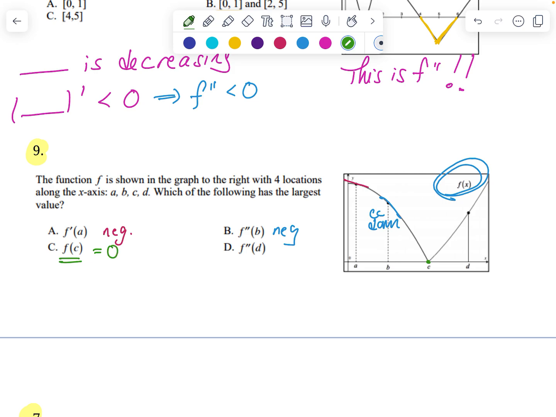I can see that on the picture because that is a point on the axis. And then the last guy, this part of our graph looks to me just ever so slightly concave up. And this is asking about the second derivative's value at this location over here. And so I would say that that bit has to be just slightly positive, and it was asking me for the largest value.